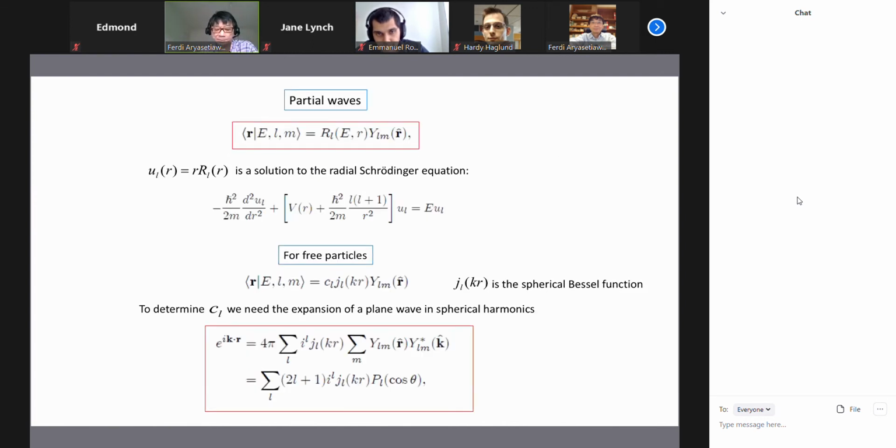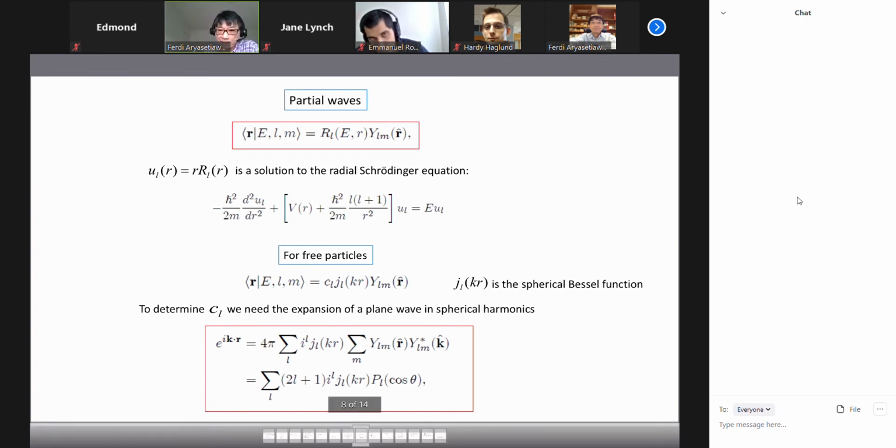If you look at the position representation of these states, it is some radial function, labeled by L and the energy, times the spherical harmonics.